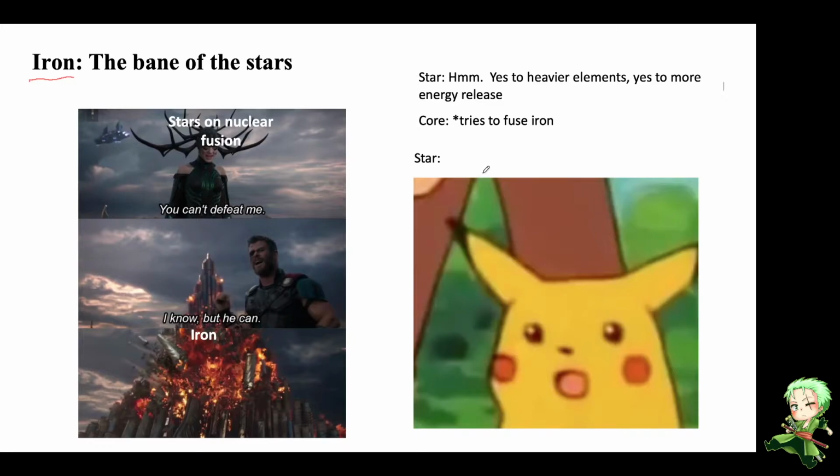It will no longer give off energy. Iron fusion will not give off energy but actually takes energy from the core. We call it the bane of the stars because that is the beginning of another catastrophic event in the case of very massive stars.